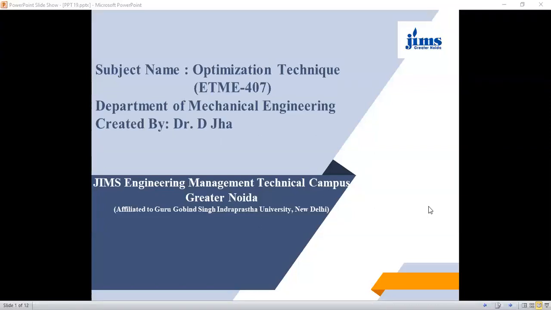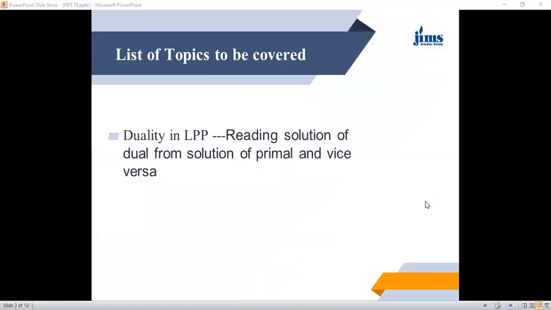You can read the values of dual variables from the primal solution and vice versa, that is, you can read the values of primal variables from the dual solution. So this we are going to explain in this class.